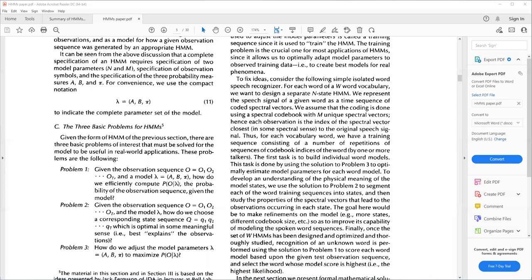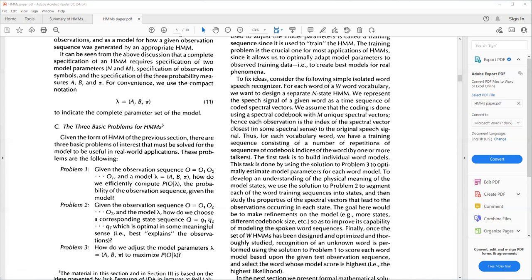For each of these, you'll represent your results as probability values, right? So you'll have three different probability values. The one which is the highest is going to be the most probable model from which the data is generated. So that is the first problem.